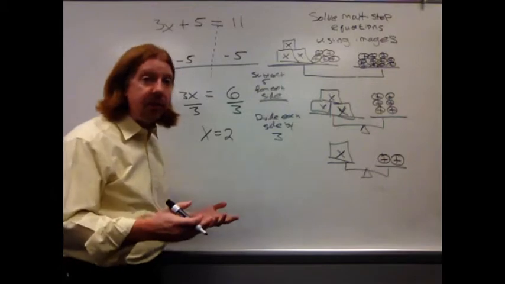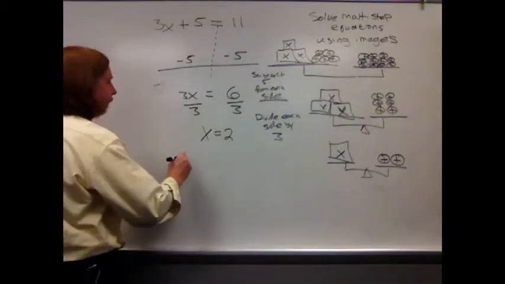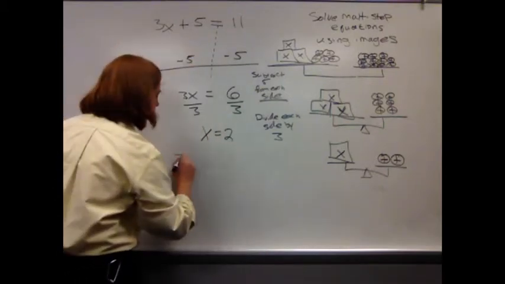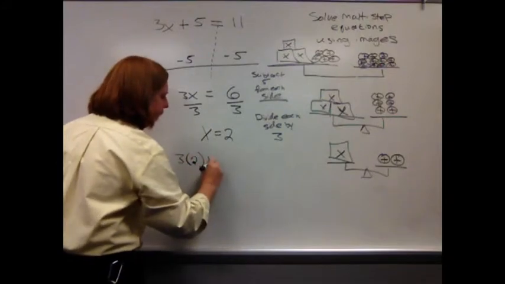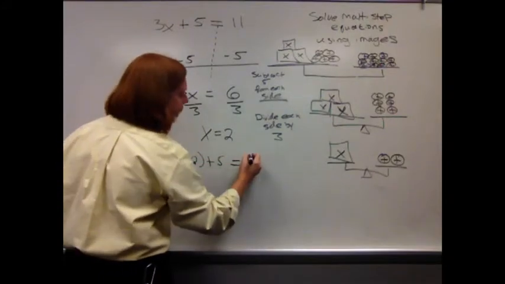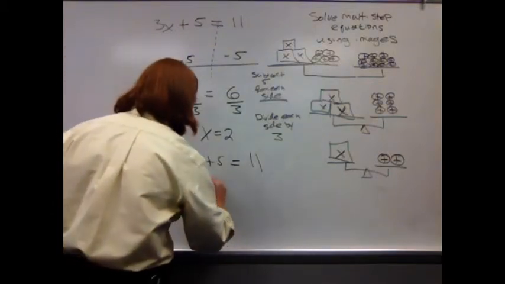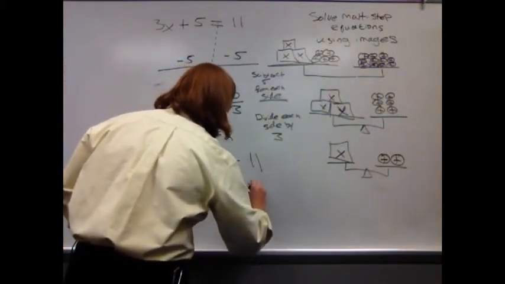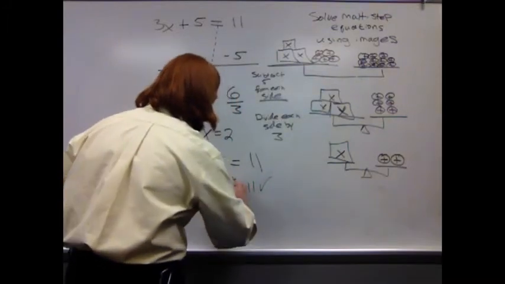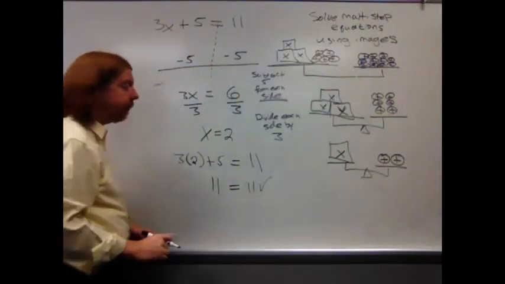The last thing I need to do is check my answer. I'll put the 2 back in the original equation. 6 plus 5 gives me 11. That does equal 11. It checks out.